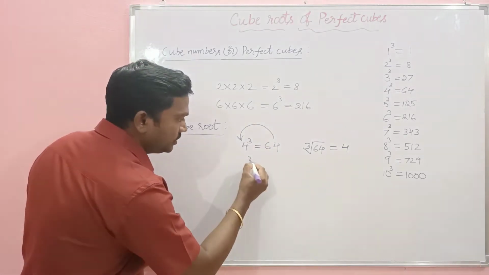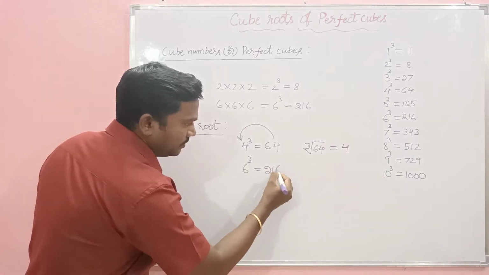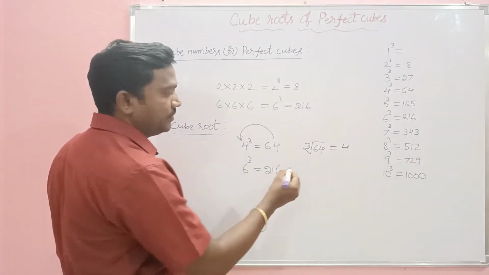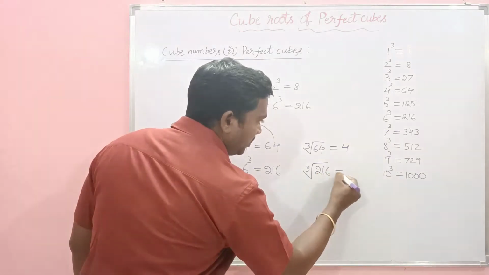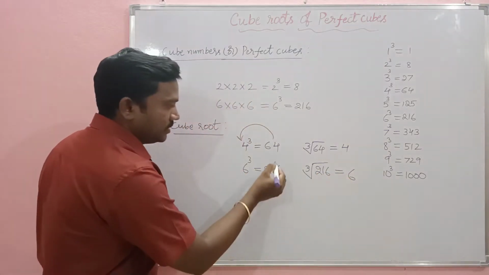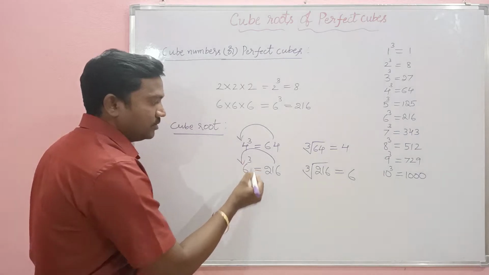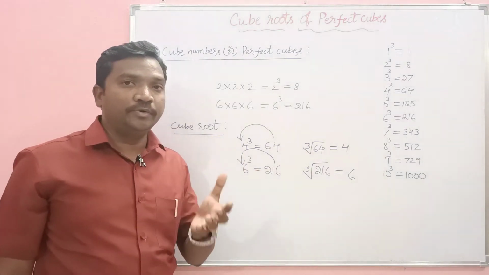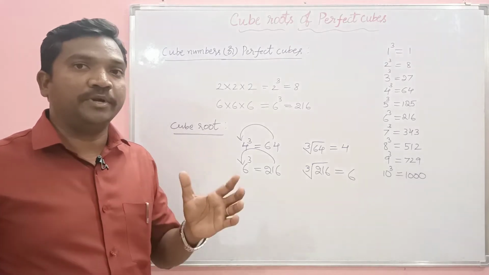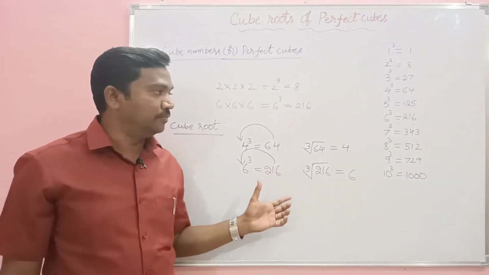Similarly, 6 cube is nothing but 216. Now, cube root of 216 is equal to 6. So, finding a cube root is nothing but the inverse operation of finding cube.